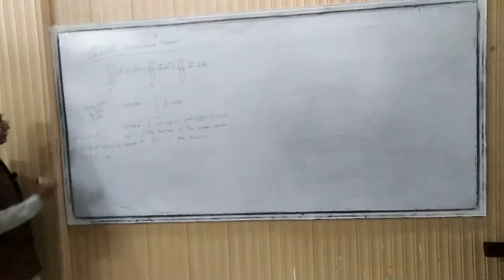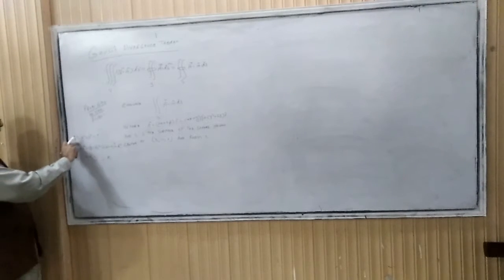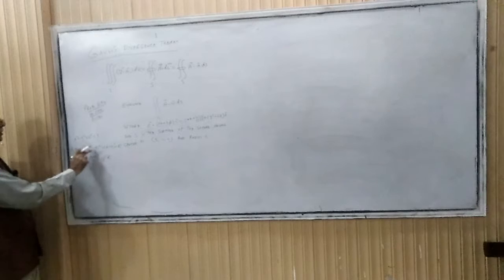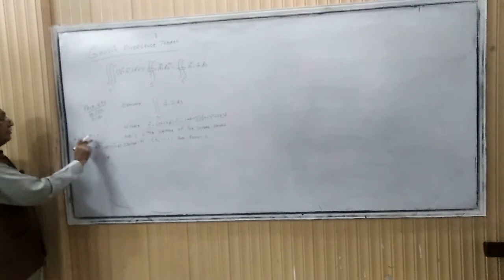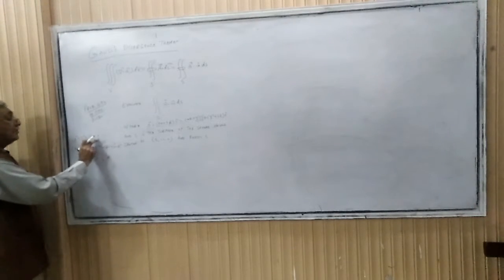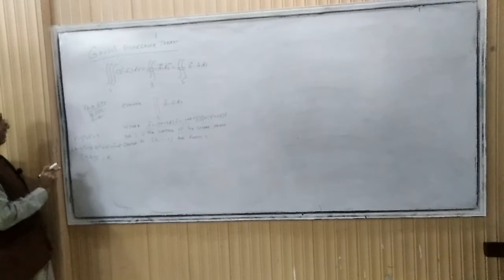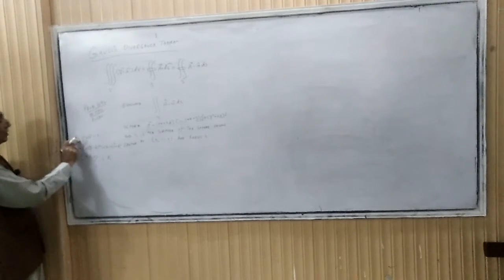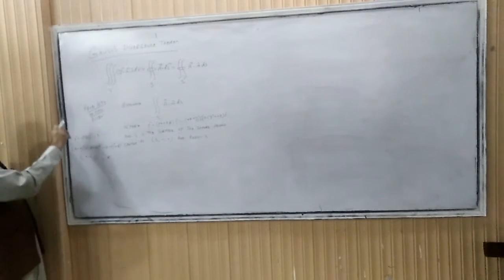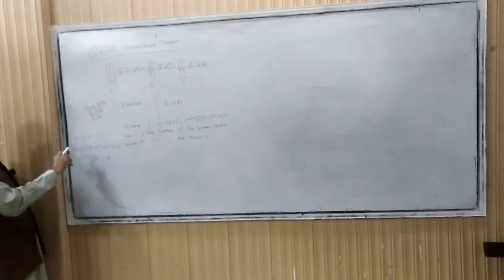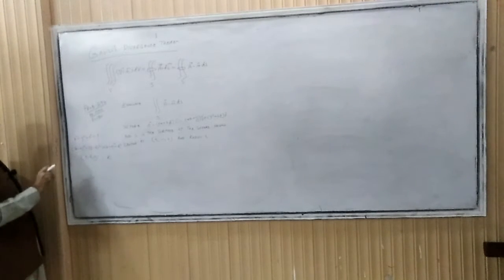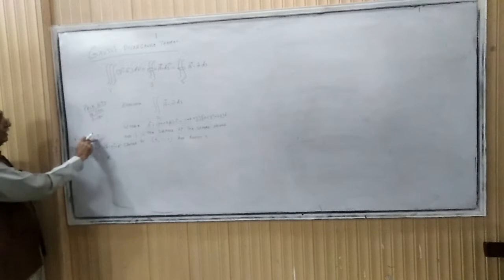Now, this is the general equation of the sphere whose center is at the point A, B, C and radius is r. Now, when you say that A is 0, B is 0, C is 0, R is 3, it means this is a sphere whose center is at the origin 0, 0, 0 and radius is 3.